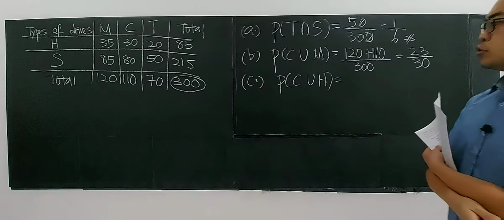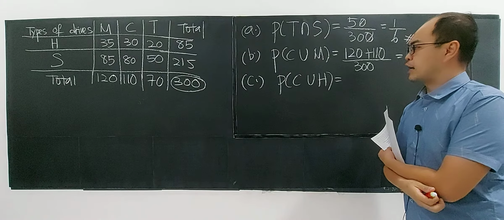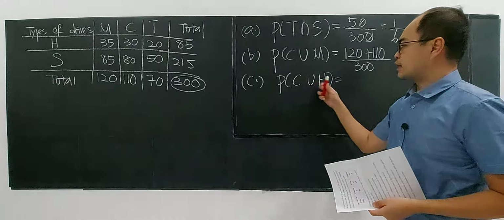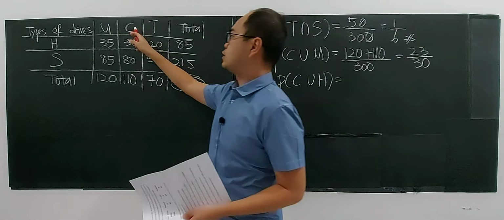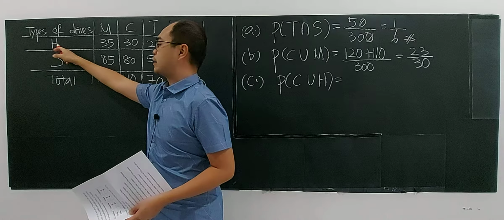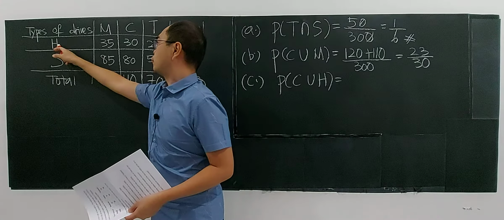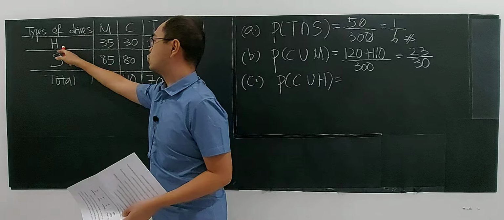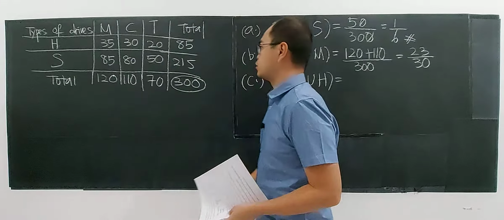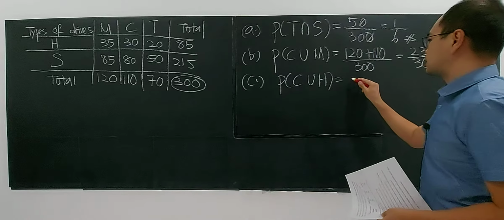This is non-mutually exclusive. Okay, I just tell you for your knowledge, because there is an intersection between these two: China and hard disk drive, which is 30, right? The intersection between these two means China and hard disk drive is 30. It's non-mutually exclusive, so it doesn't matter.